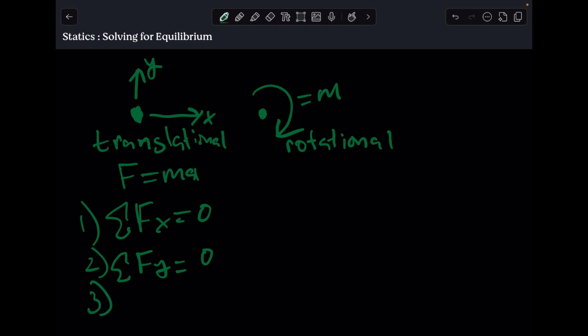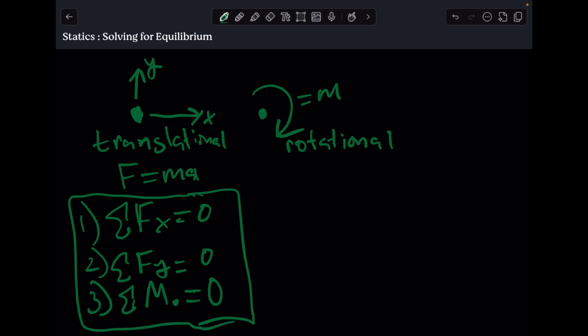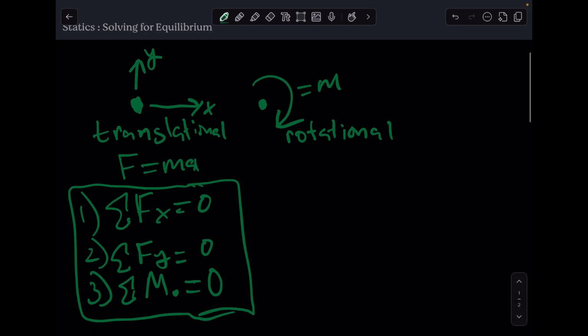And our third is sum of the moments about any point should also be equal to 0. In order for there not to be any movement, in order for our object to be in static equilibrium, all of these conditions must be met. So this is pretty much our parameters for solving problems in statics when dealing with static equilibrium.